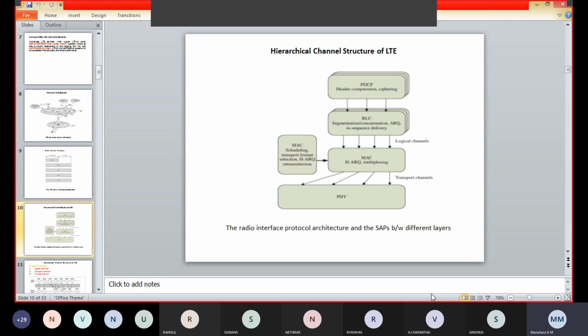So next we have the control format indicator, that is CFI. It indicates how many symbols the DCI spans in that subframe. It takes the values CFI equal to 1, 2, or 3, and is sent over the physical control format indicator channel, that is PCFICH.